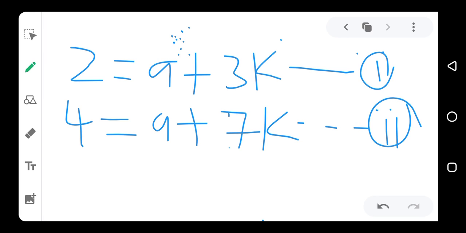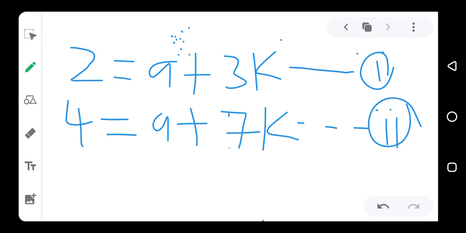In elimination method, we subtract the bigger one from the smaller one. But if you start with one of the equations, you must subtract from it for all the terms.